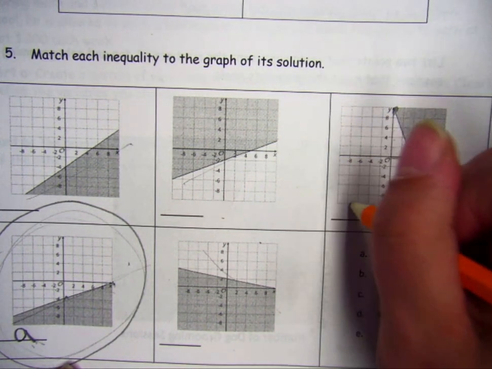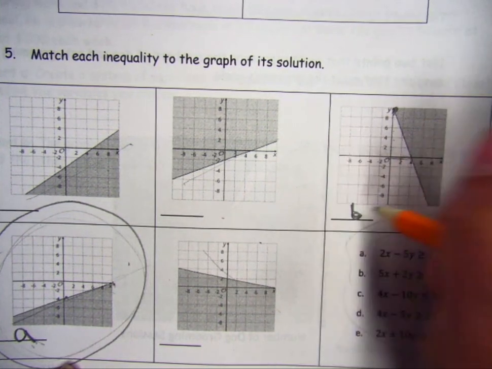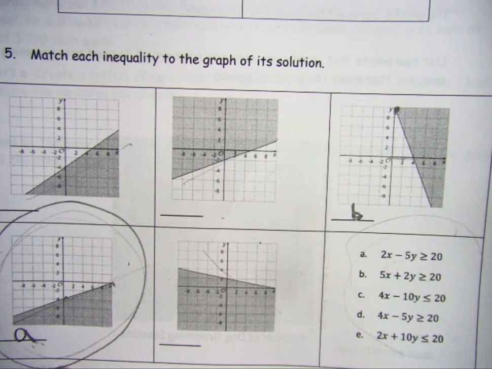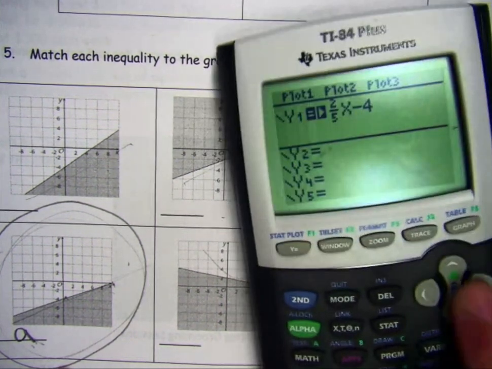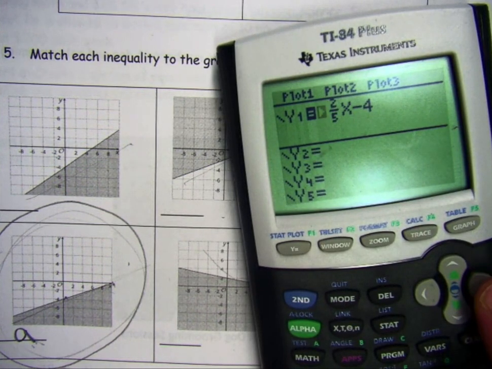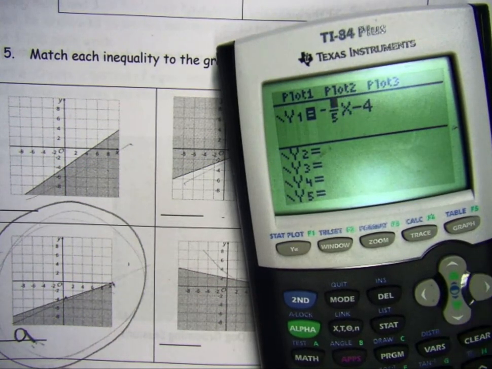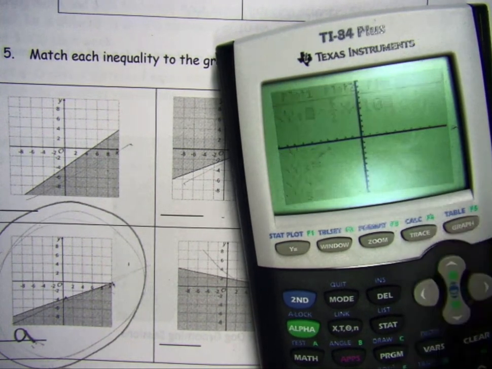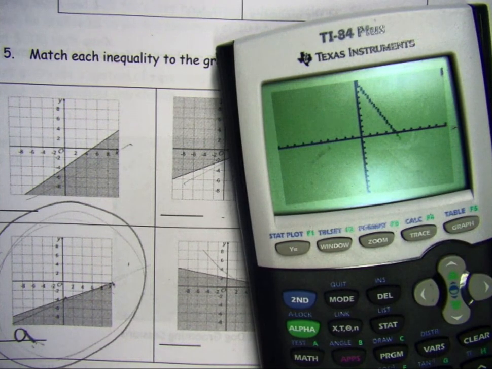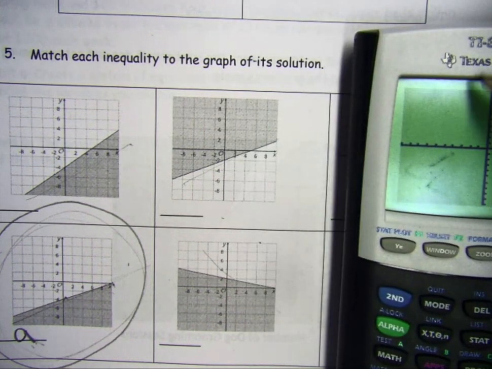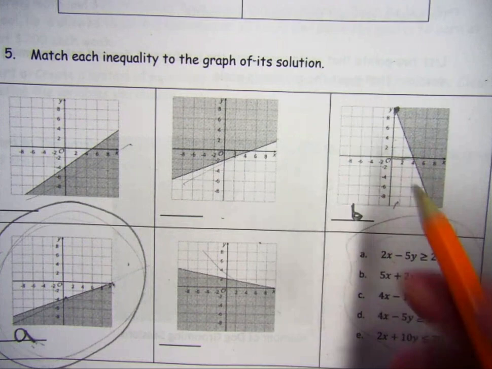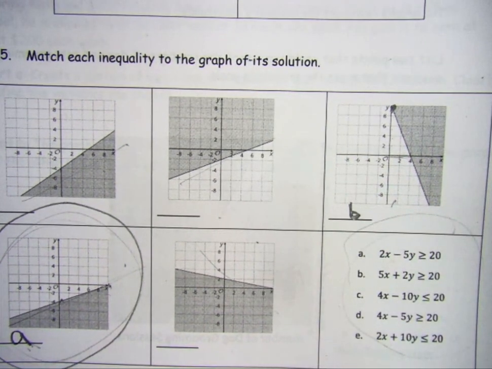So it's B, this one, right? Now, I can also go into my y equals to check it, and I have negative 5 over 2 plus 10. I'm going to graph that, and we can see that it clearly is this one.